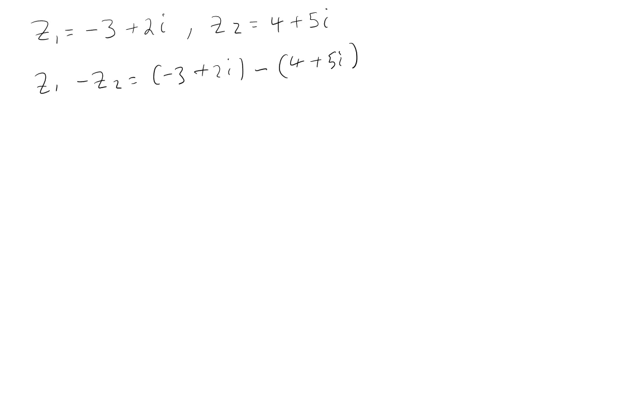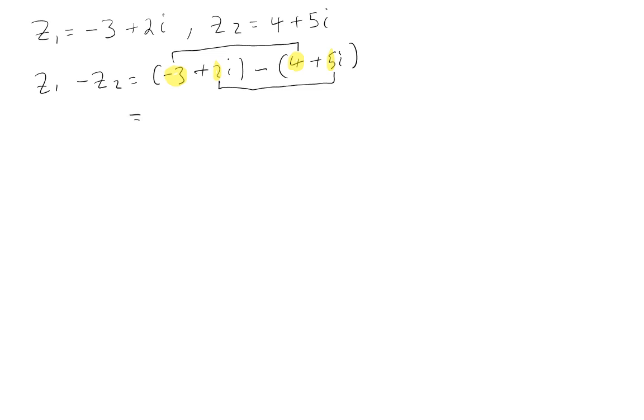Then the real part for z1 is minus 3, the real part for z2 is 4. The imaginary part for z1 is 2, the imaginary part for z2 is 5. To subtract z2 from z1, we first subtract this 4 from minus 3 and also perform 2 minus 5.